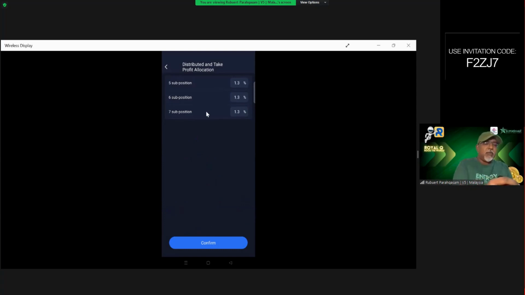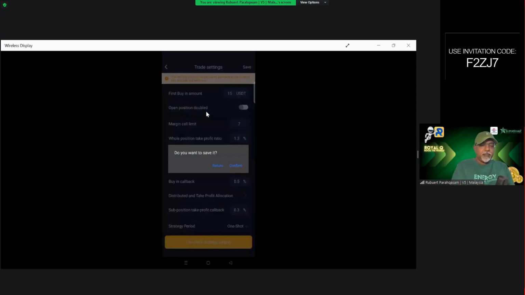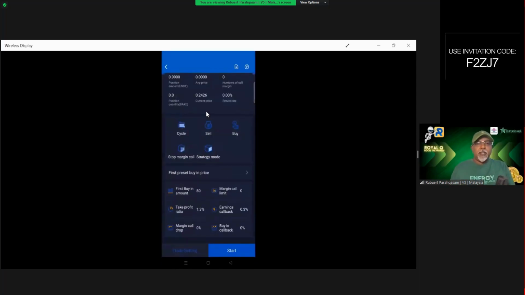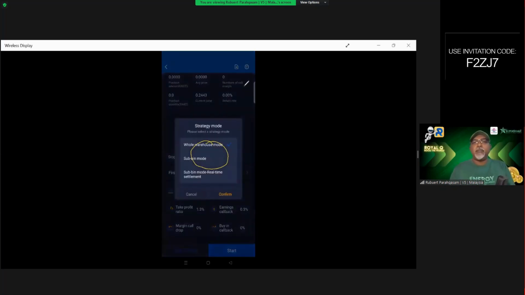Now let me go back. We are here. How does the sub-bin mode actually work? We set it in the strategy mode. If you were to tap on the strategy mode, you'll get these 3 choices.